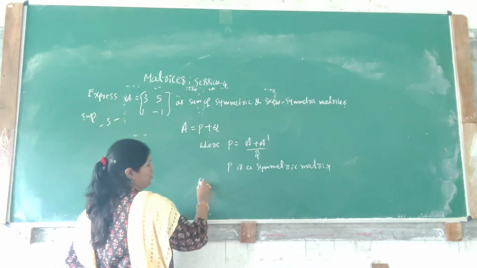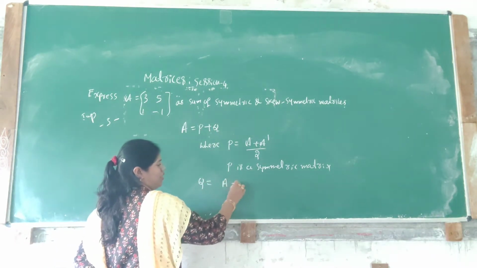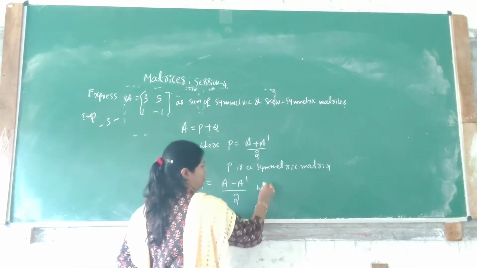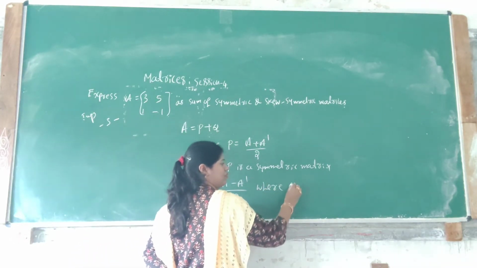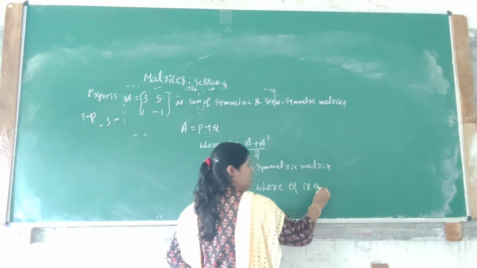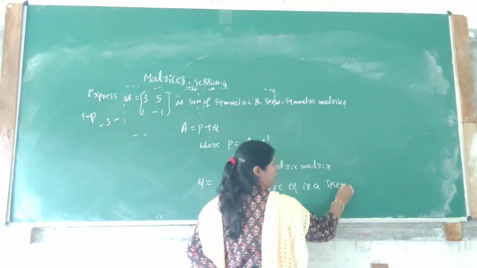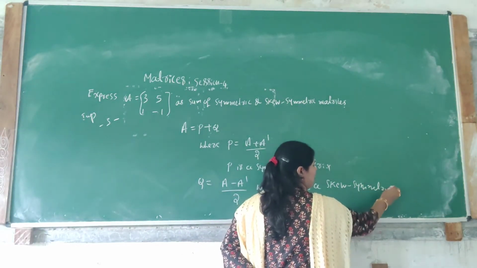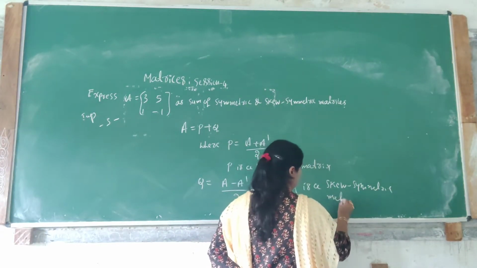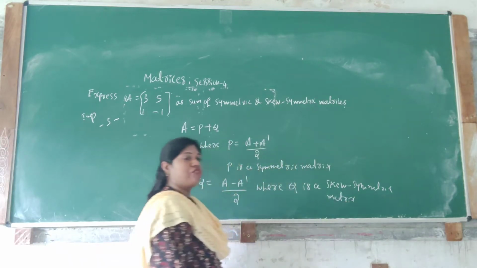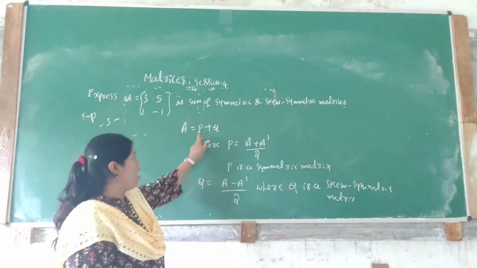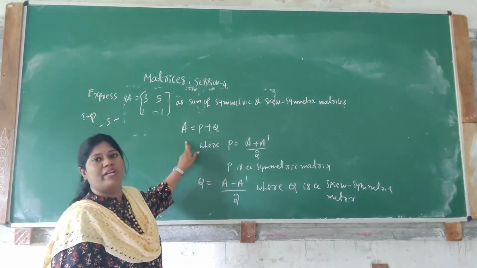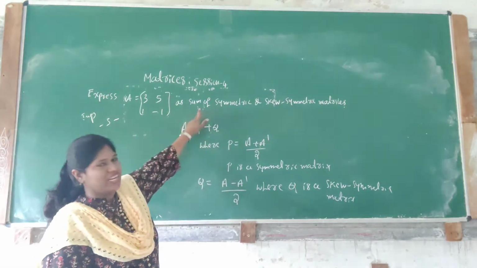Q is equal to A minus A dash divided by 2, where Q is a skew symmetric matrix. After adding P and Q, the sum should be the given matrix. This is the statement of this.